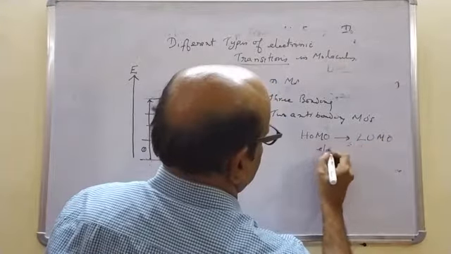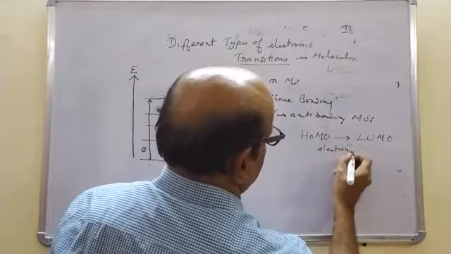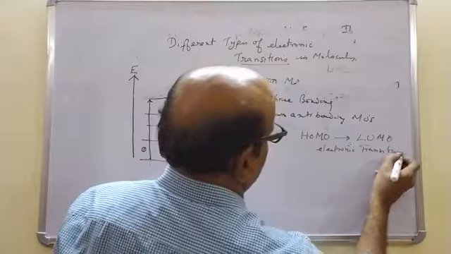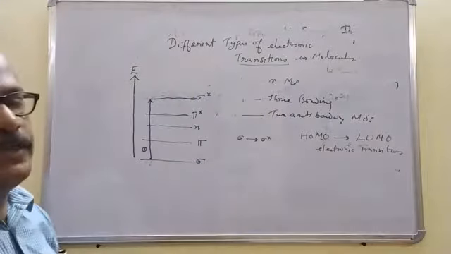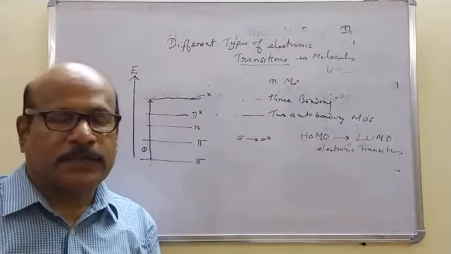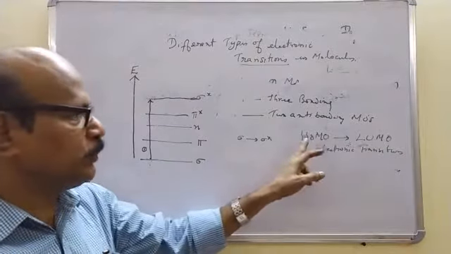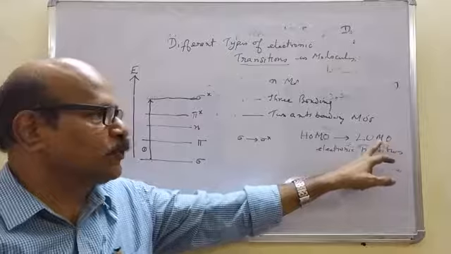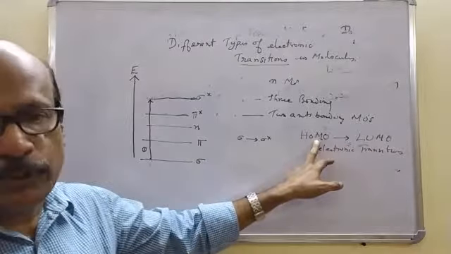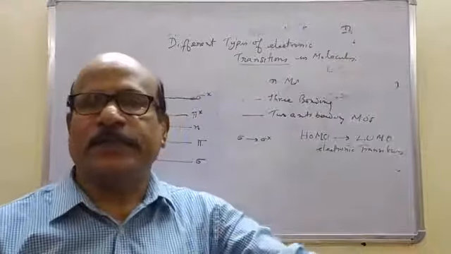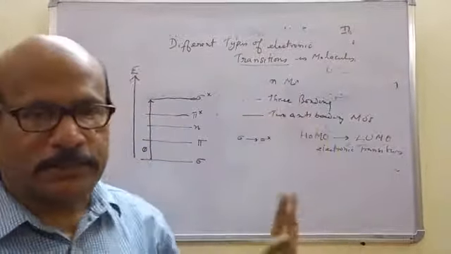According to frontier molecular orbital theory, electronic transition is always between the HOMO and the LUMO. HOMO is always a bonding molecular orbital, and LUMO is the nearest unoccupied anti-bonding molecular orbital in the molecular system.